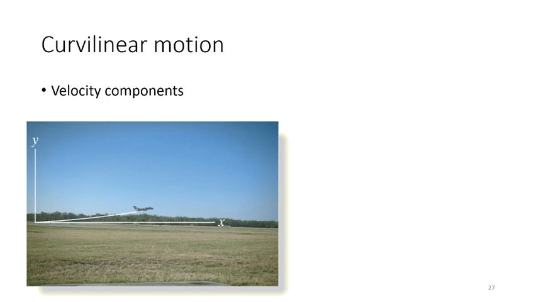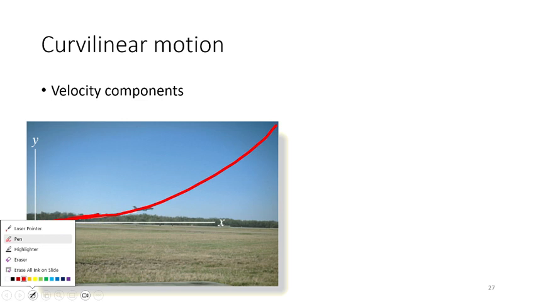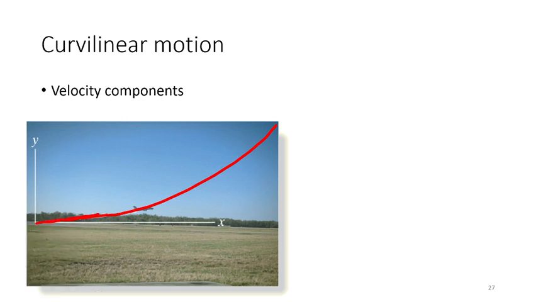Let me show you. The airplane moves, you can see. This is the motion of the airplane. It moves in this manner. To find the velocity of the airplane at each instant, firstly, we know that the velocity is ds by dt.